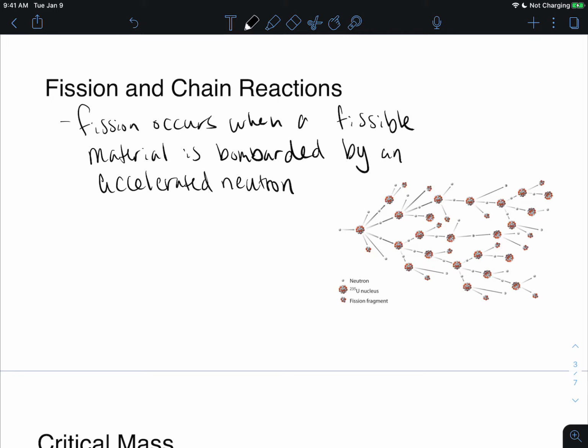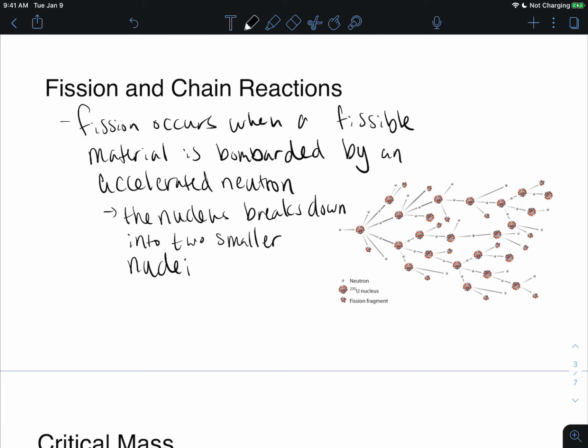It's going to cause the nucleus to break down into two smaller nuclei. And once that occurs, it's also going to produce 2 or 3 neutrons, which are also accelerated and can go do more fission reactions.